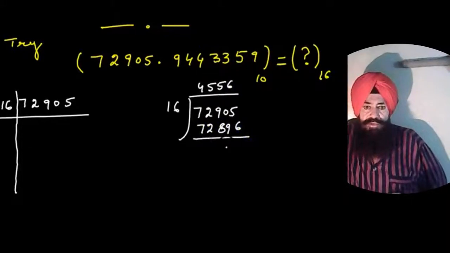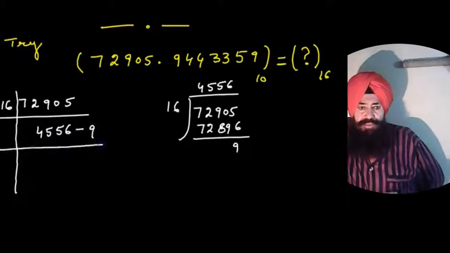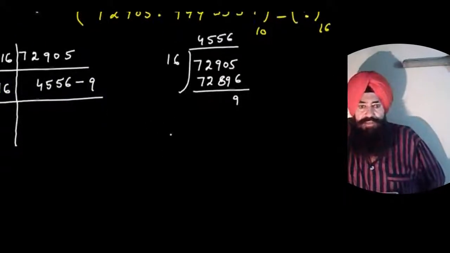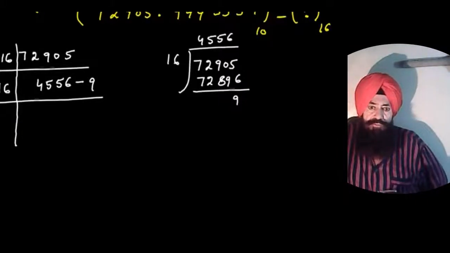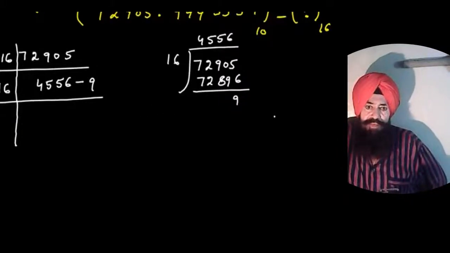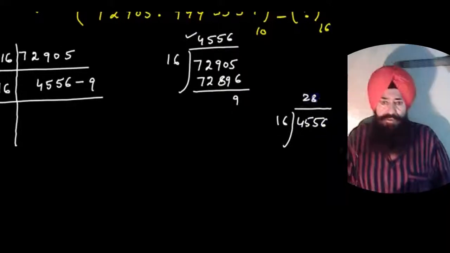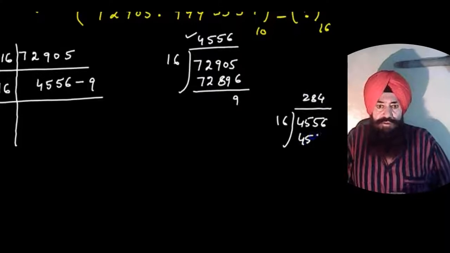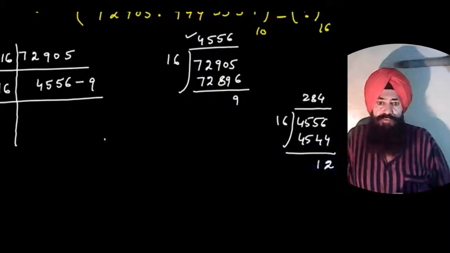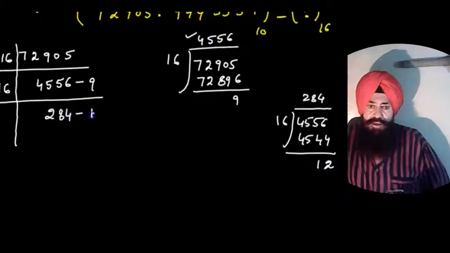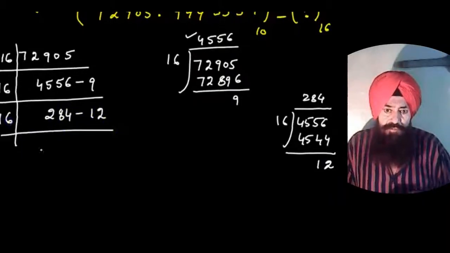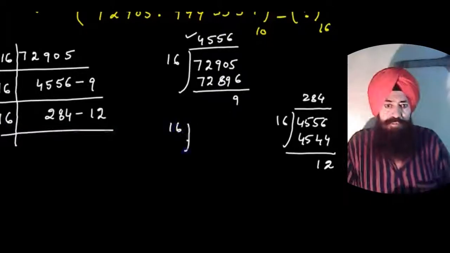Now the remainder is 9. So right here 4556, the remainder is 9. Go on dividing 4556 by 16 again, and you'll get 284. The remainder is 12.